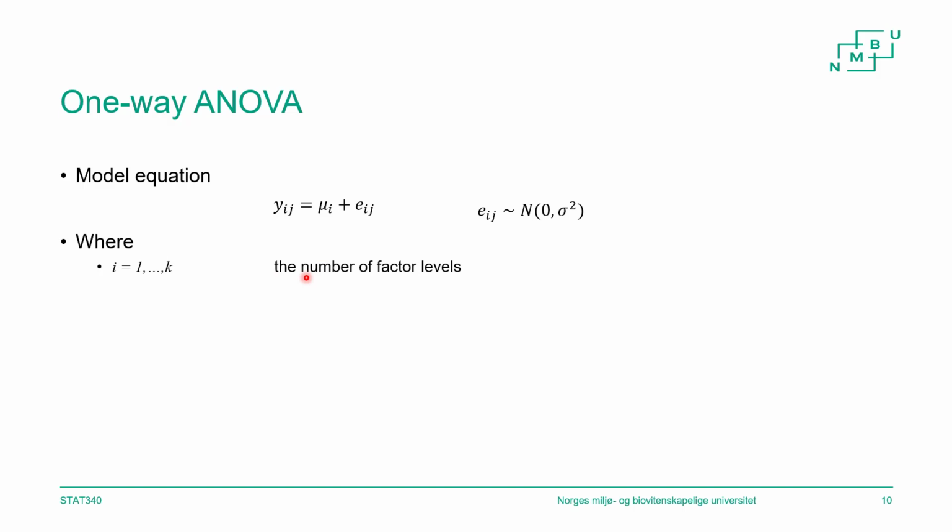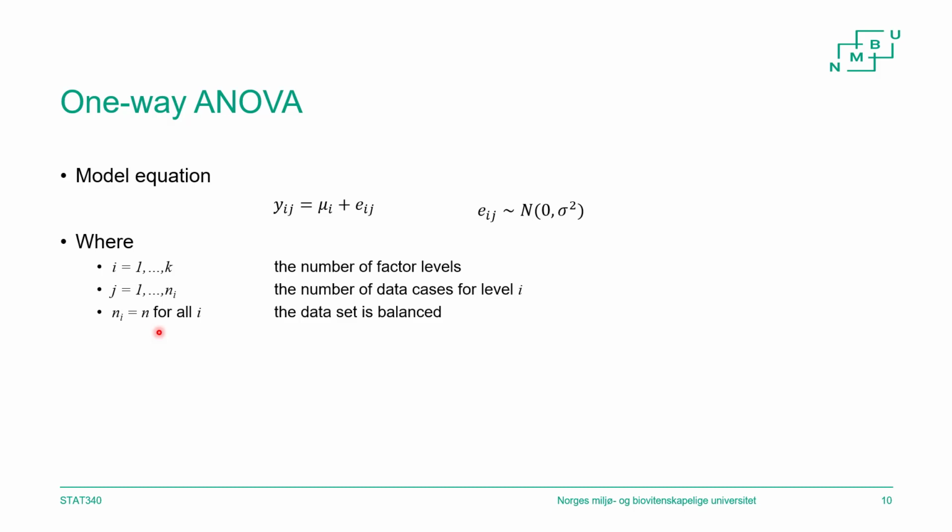So we have a number of factor levels. i is 1, 2, up to k, right? So for each factor level, we have an expected value here. The number of data cases is also in principle variable between the factor levels. So you may have observed the response some number n1 of times for the first factor level, n2 times for the second, and so on.